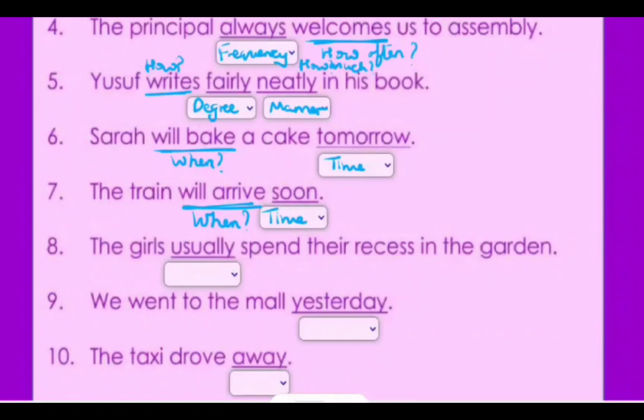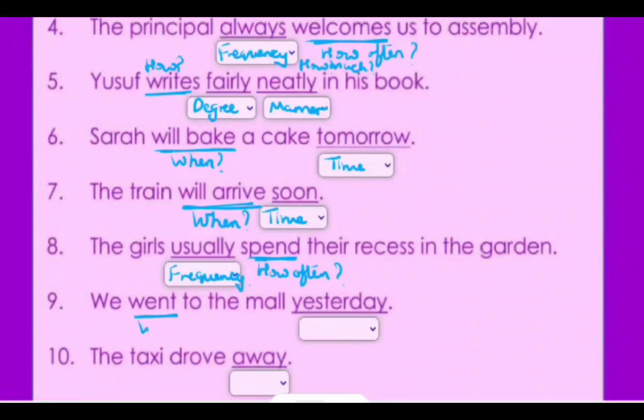The girls usually spend their recess in the garden. Spend. How often do they spend their time? How often? Usually. Okay, so how often gives us adverb of frequency. We went to the mall yesterday. When did we go to the mall?